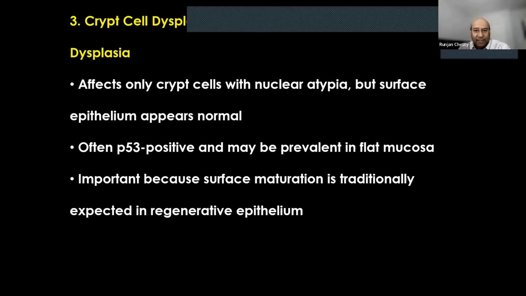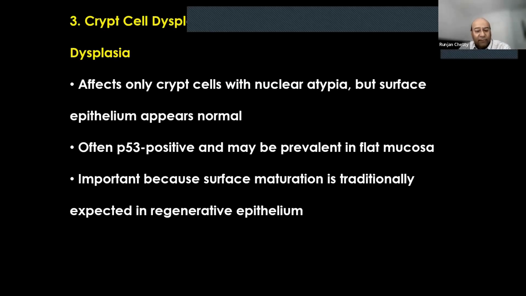If, as I demonstrated in the image, the P53 is mutant and dark brown in staining, together with architectural disarray, you are well within your right to call it crypt cell dysplasia or basal crypt dysplasia, irrespective of the surface being normal.